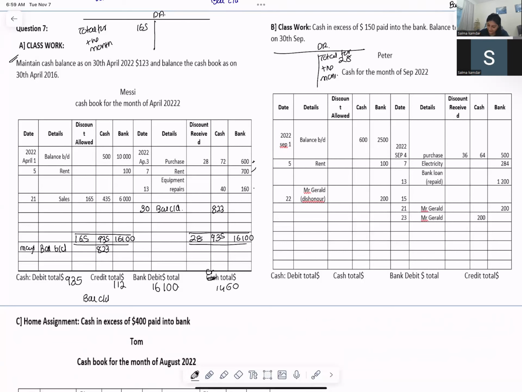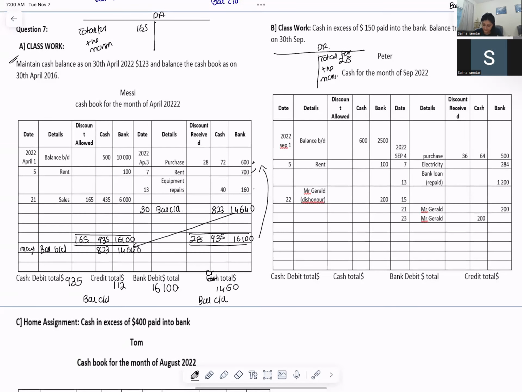From that, I will deduct the credit total. So I will have a balance closed down on the credit side. So 16,100 less 1,460 is going to give me 14,640. And the same thing I will bring down. This represents a positive bank balance.